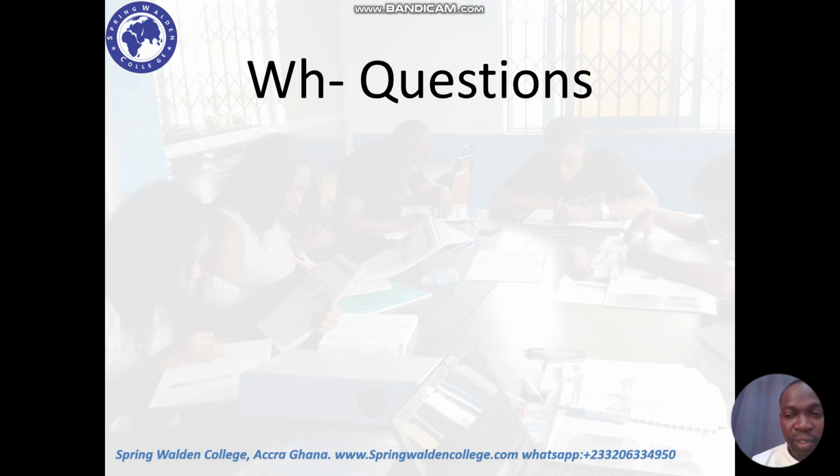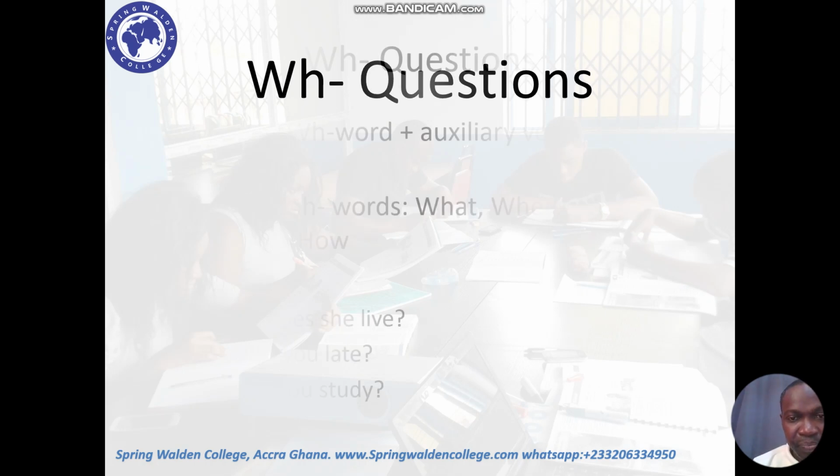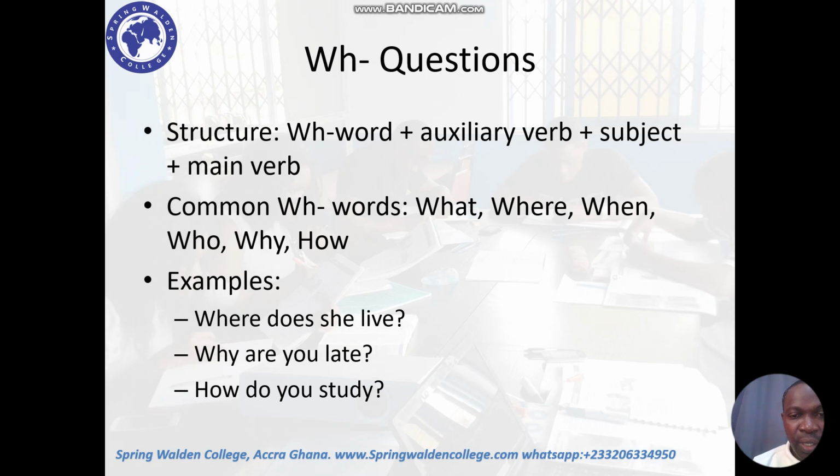So if we talk about WH questions, what do we mean by that? WH questions begin with the WH words. These are some of the words: what, where, when, who, why, how. We may have which, we may have whose, etc. But these are some of the common ones.